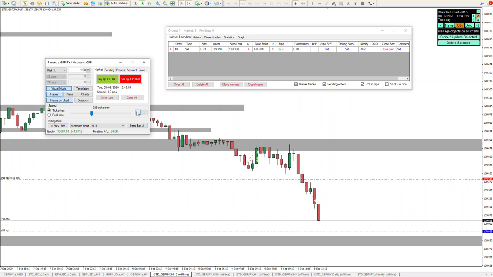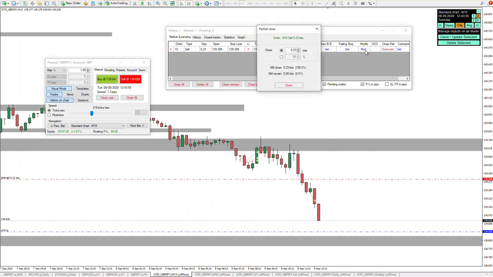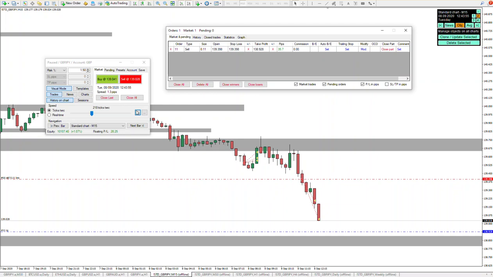This looks great. 35 pips. Let me close another 50%. And let the rest run.